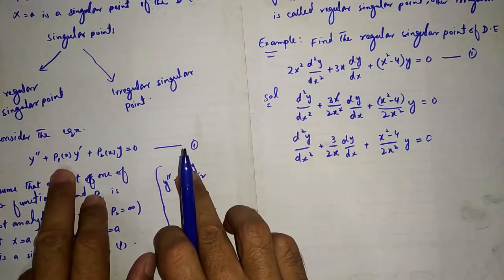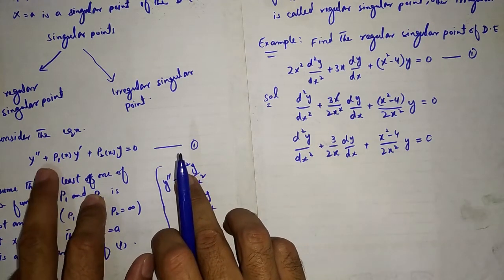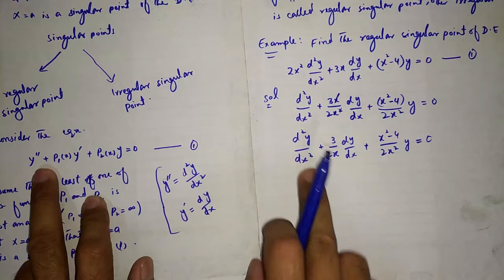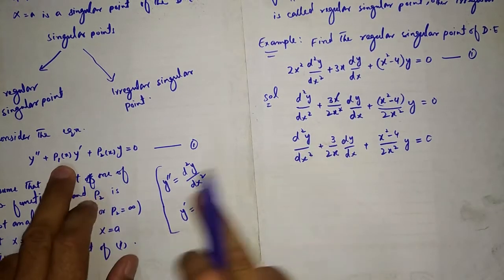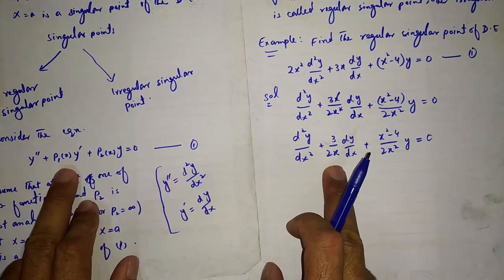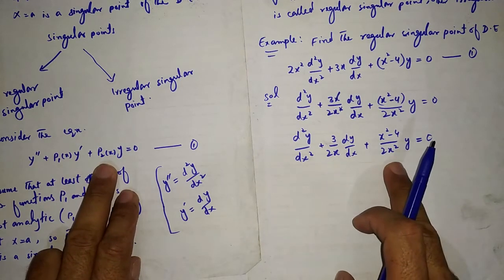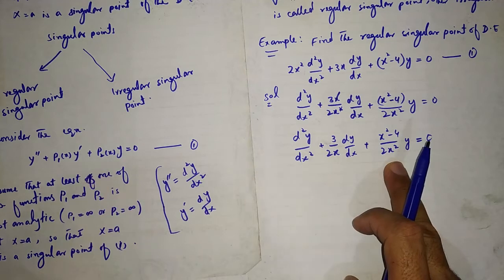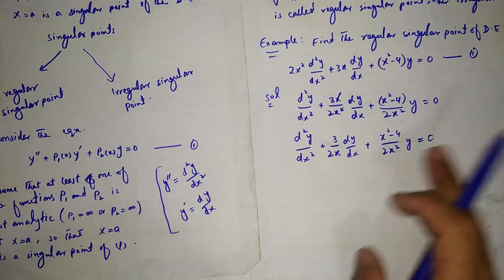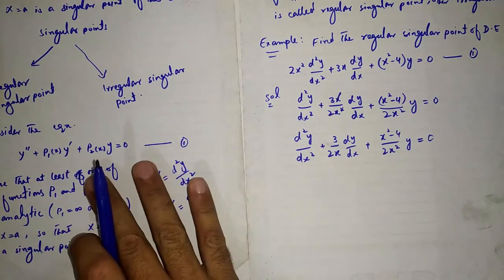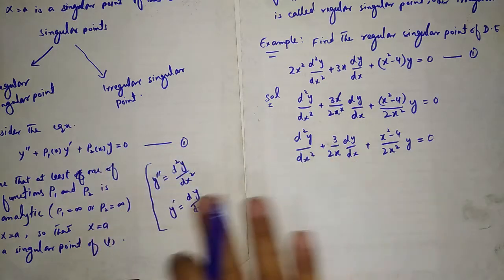Here in the statement we have y double prime, and here instead of p1 of x we have 3 over 2x, and instead of p2 of x we have x square minus 4 over 2x. So here we have p1 of x and p2 of x.